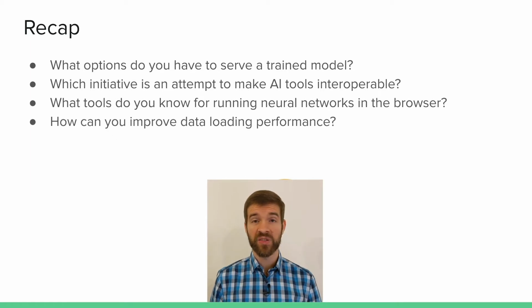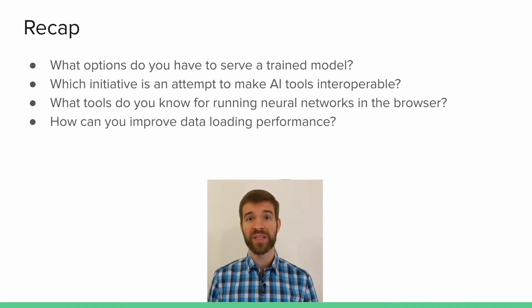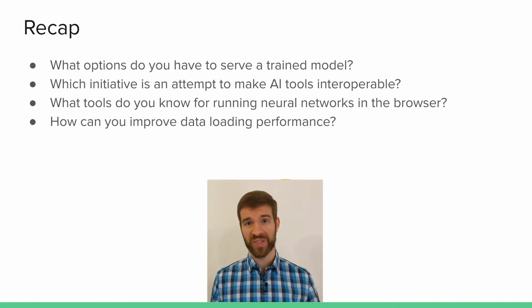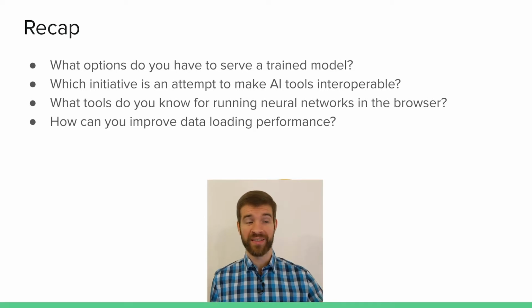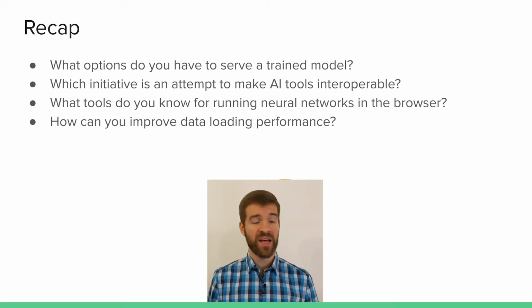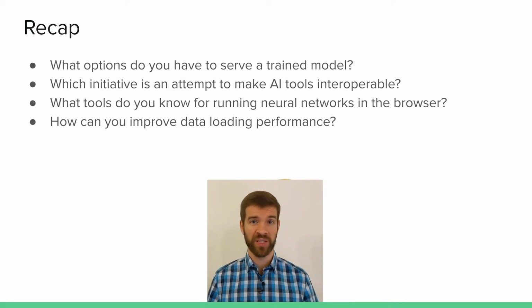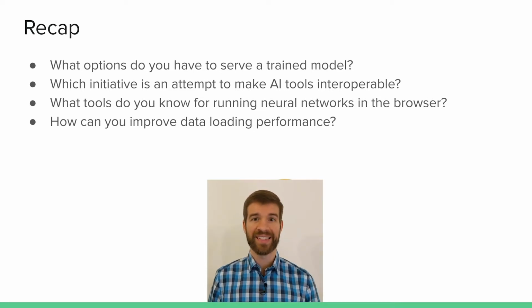We also talked last week about some performance improvements that you can use for training your model in a better way and in a faster way. And the question was, how can you improve specifically the data loading performance? So we talked about prefetching, meaning that we didn't have to wait until our network processed one sample before we load the next sample from disk, but that we can basically do this at the same time.